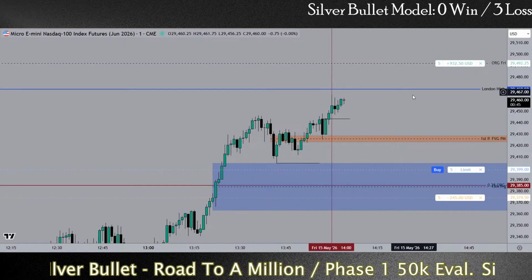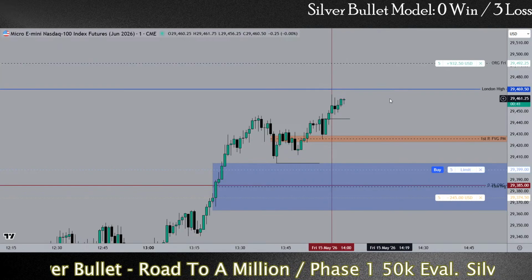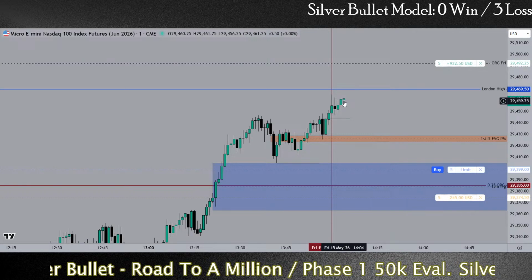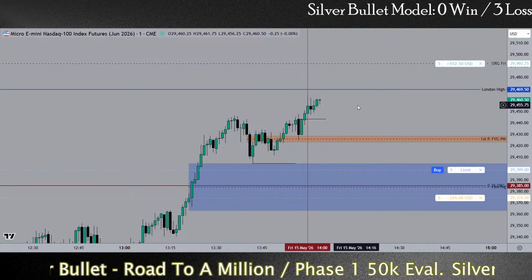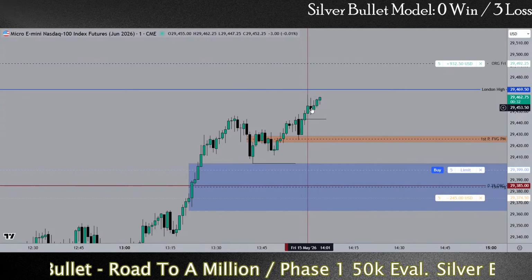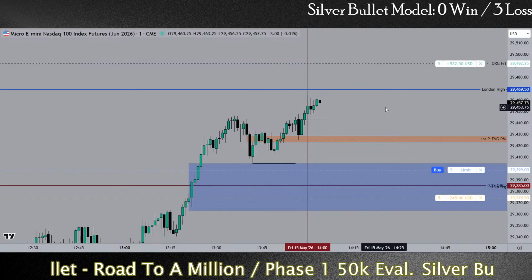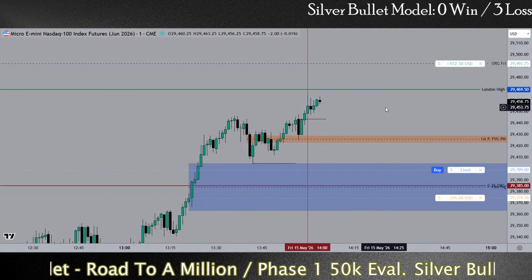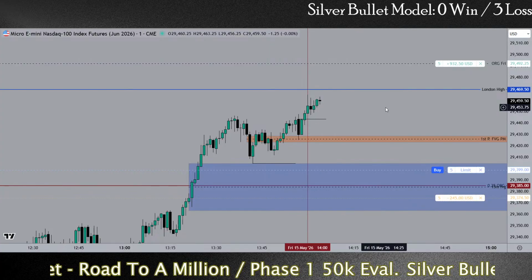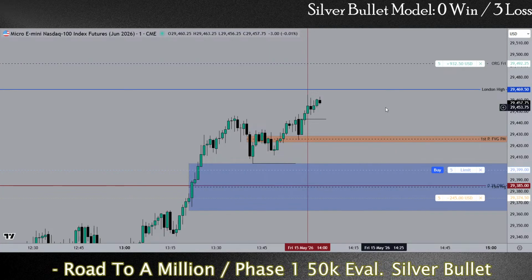If it goes there, it goes there. We'll see if it will turn around or what it wants to do. Hopefully we will see some movement and not just stagnate price action, but whatever it will be, I'll take that.